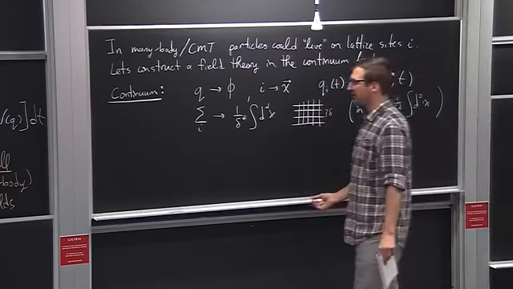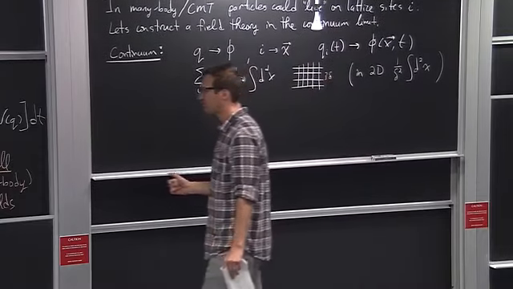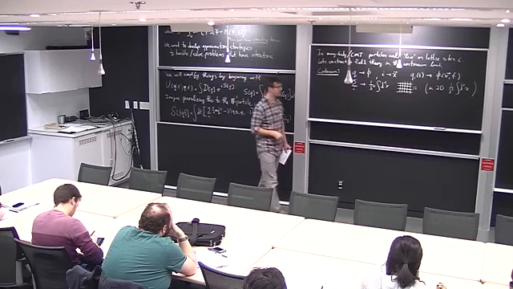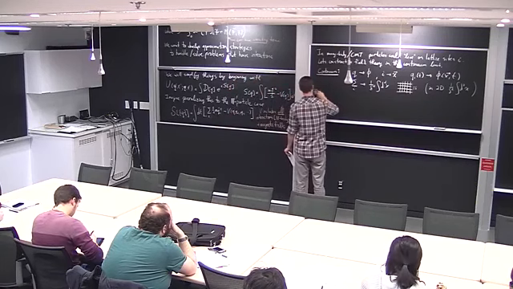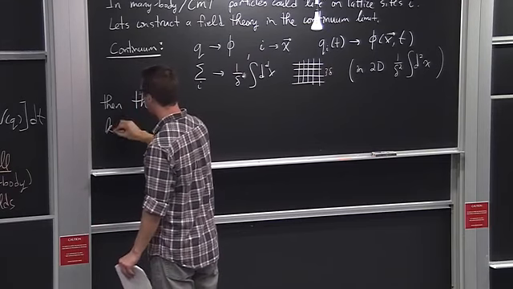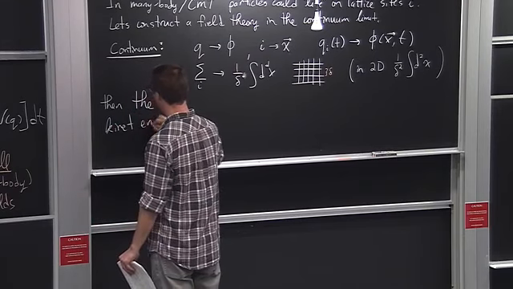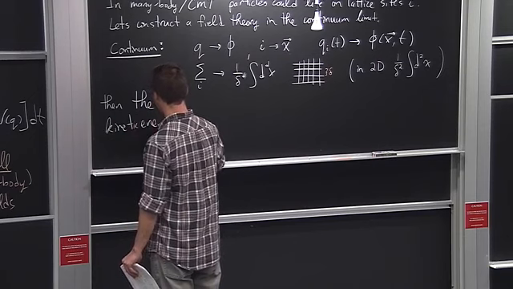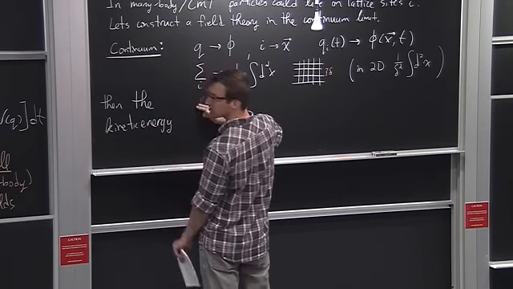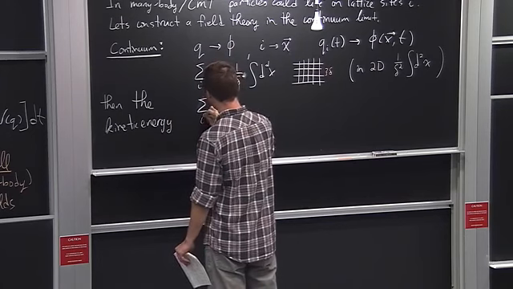Then, for example, this kinetic energy term, the first part of the action that doesn't depend on the potential. So what is it? It's sum over i.